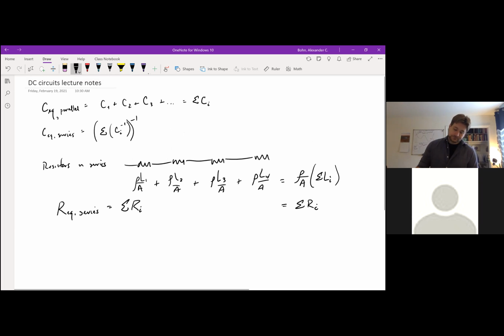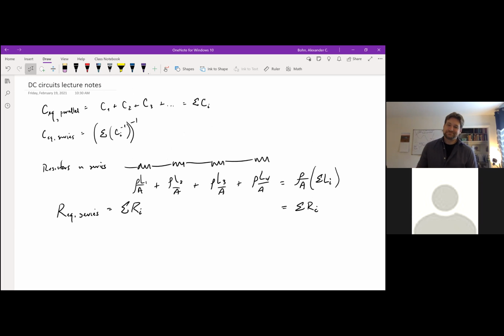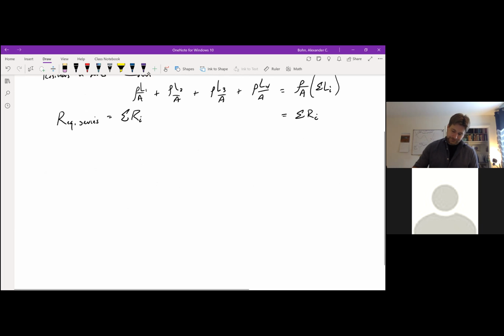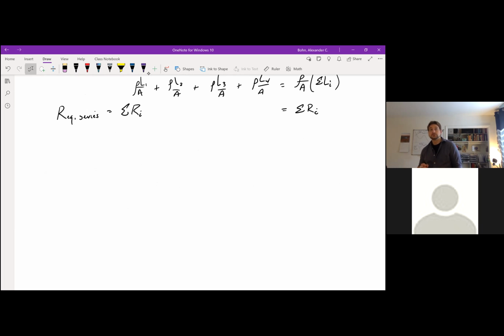And if we're making a comparison, I see these two things. So does that mean that resistors in parallel are the reciprocal thing? The answer is yes.